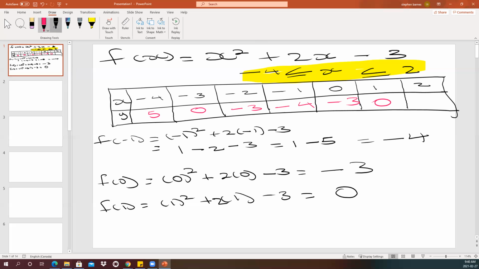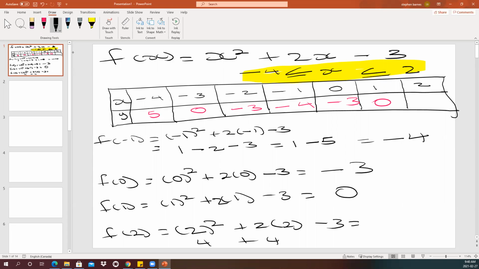And then for our last one, f of 2 equals 2 squared plus 2 times 2 minus 3. Is that right?